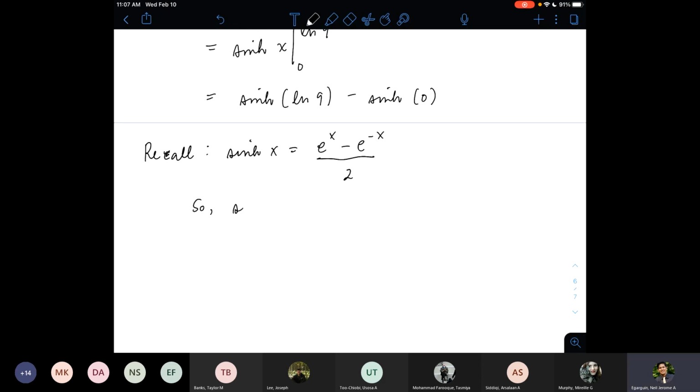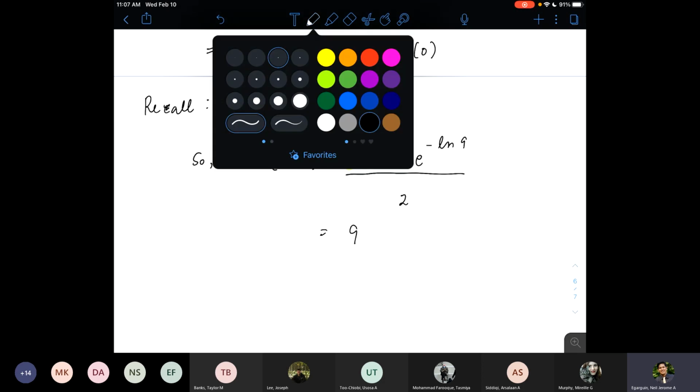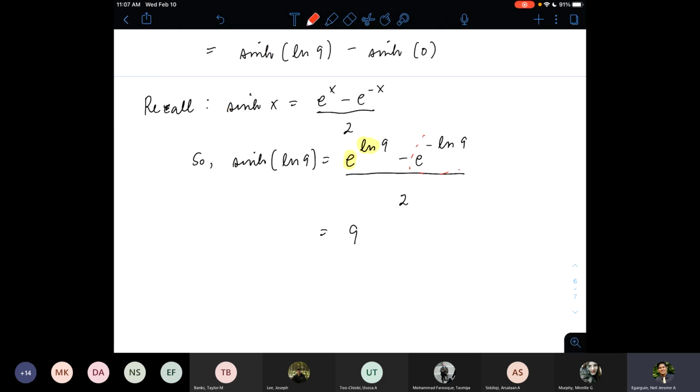So we have hyperbolic sine of ln 9 equal to e to the ln 9 minus e to the negative ln 9 all over 2. But look at this, e is followed by ln, so what will remain is the argument 9. And for the second term, I can rewrite it as e to the ln of 9 to the negative 1.